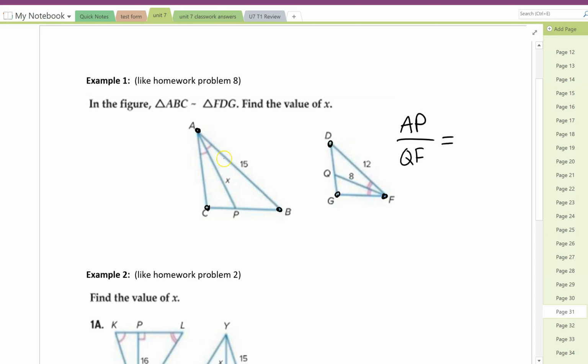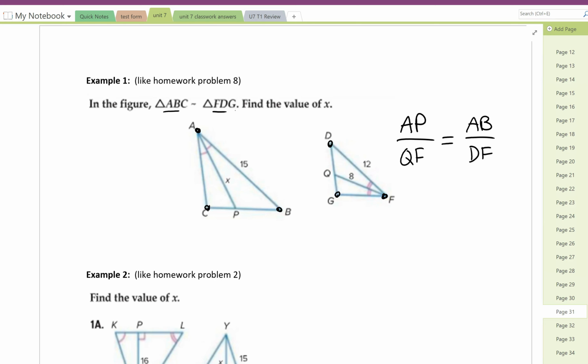The two sides that I have are AB on the big triangle and DF on the small triangle. How do I know if those two are corresponding? Well, if I look at the way that the triangles were described in the problem, I can see that they are, because both points are in the same position in both triangle labels, AB and DF, or FD.